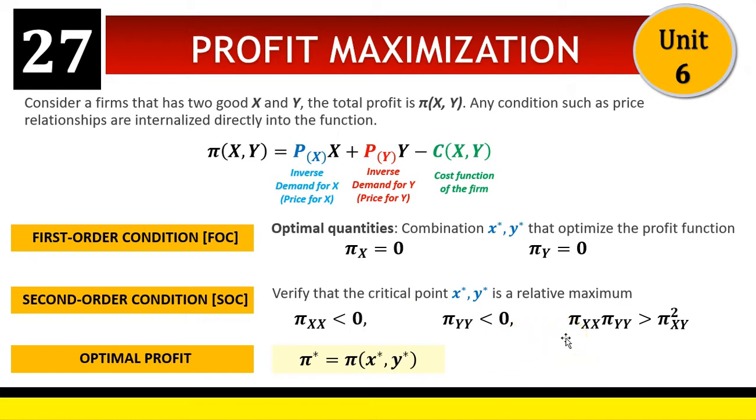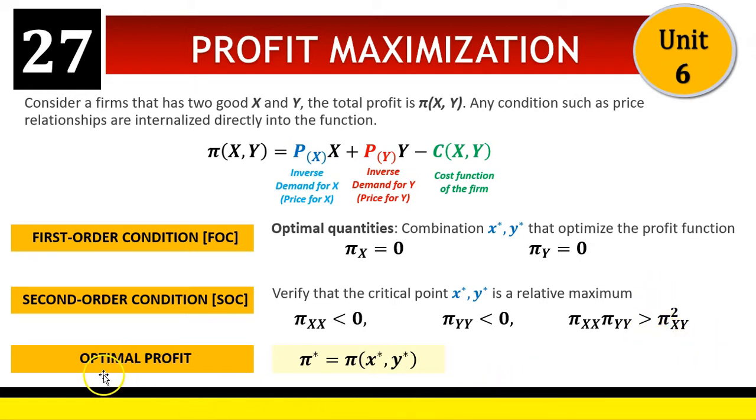And on the other hand, that the Hessian condition is satisfied, in which both second partial derivatives multiplied by each other must be greater than the square of the cross partial derivative.